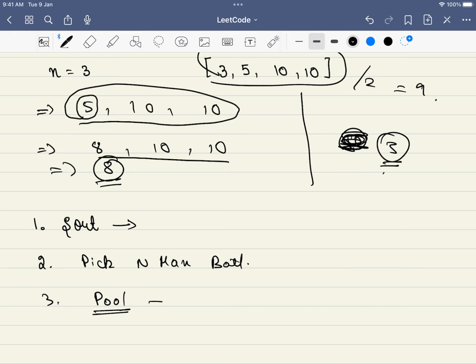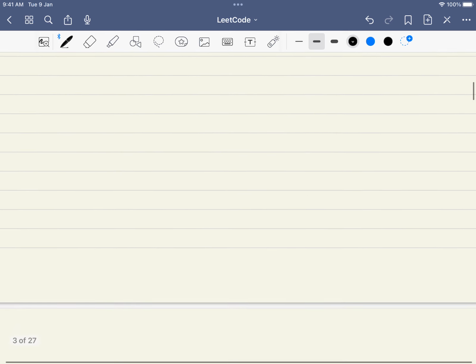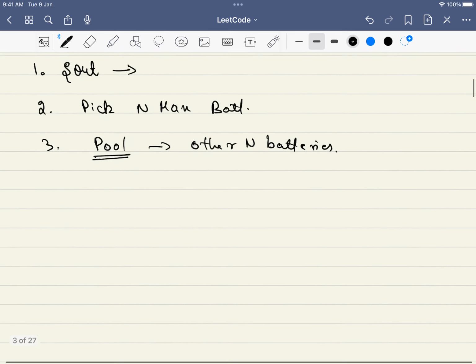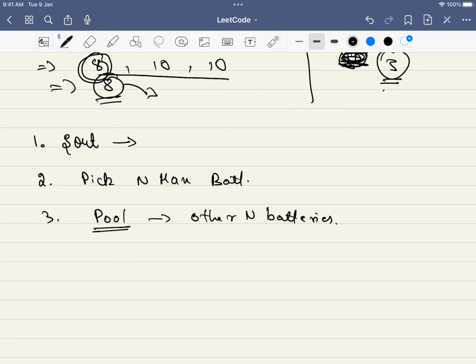That is why we used the other n batteries, and all we did was we just tried to increase the minimum value to the next maximum value, and finally we have the answer. So that is the brute force or the linear approach that we can use. That is, we sorted them, which will be equal to n log n time, and then after we try to increase the pool. Now that is the approach.